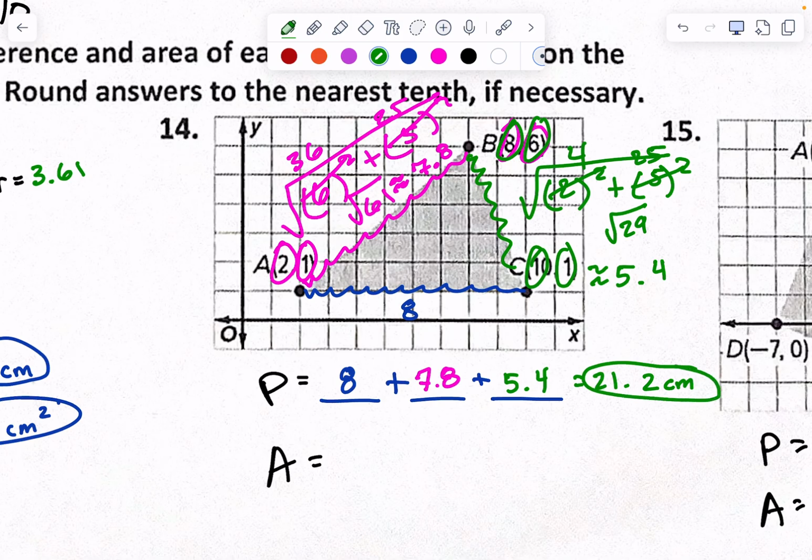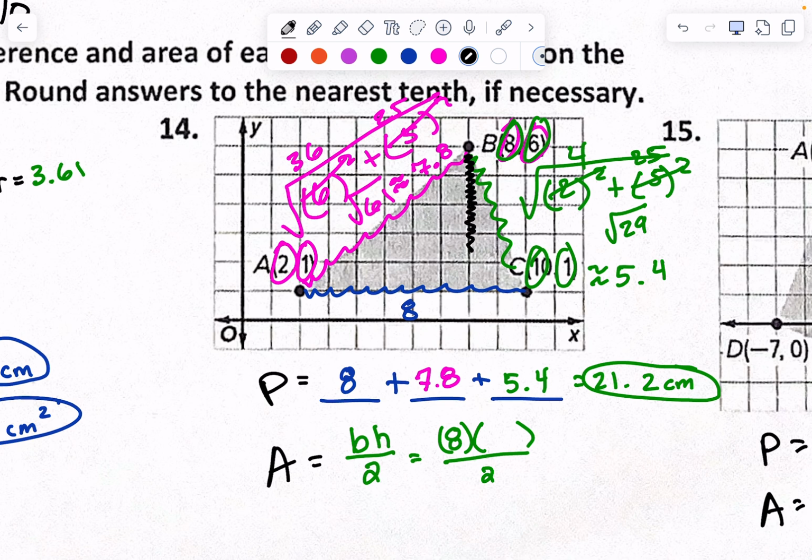Okay. How do you find the area of a triangle? Base times height divided by 2. What's the base? 8, the bottom. What's the height? We don't know. Where does the height live? In the middle, at a right angle.